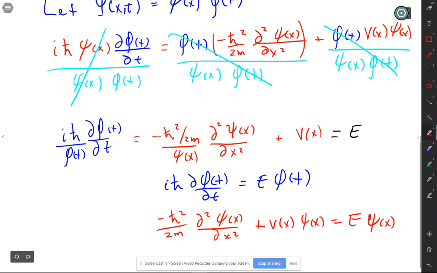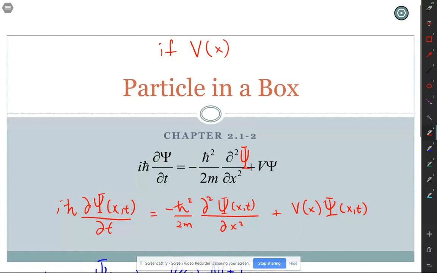So we have two equations now. We have the time part, space independent if you will, and then we have the time independent part. The time independent part, we always want to be very clear, that's the time independent Schrodinger equation. The one we started with up here is the time dependent Schrodinger equation, the one that's missing the psi.